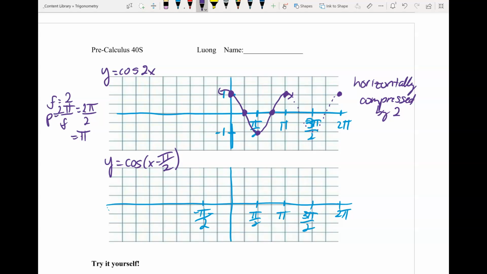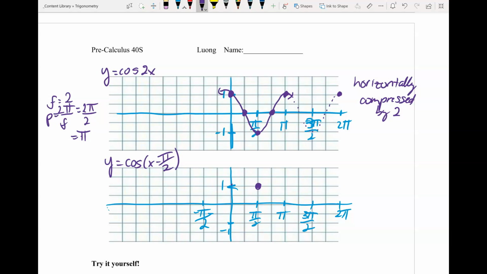Okay, so usually we would have a point at 0, 1. But because I need to shift everything to the right by pi over 2, I'm not going to start here, I'm actually going to start here. So I just shifted our original point over by pi over 2. And that's all we really need to consider, and follow the same pattern as before.